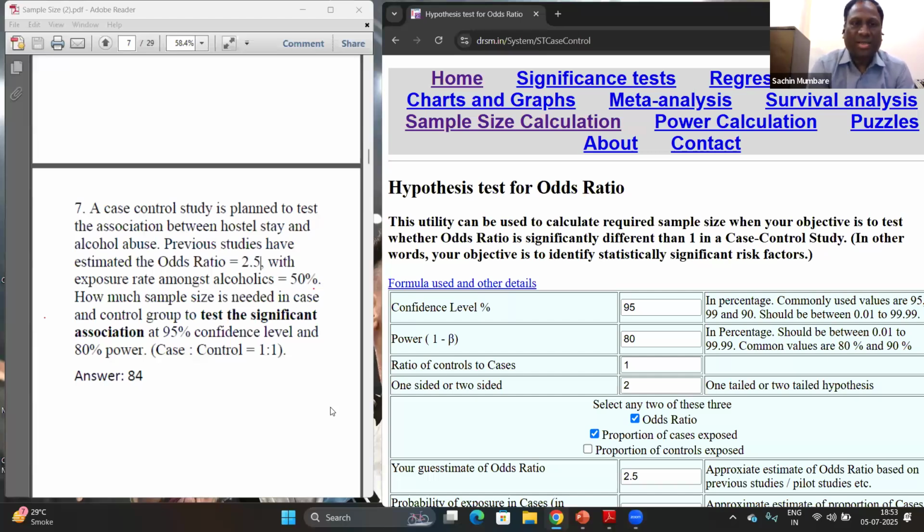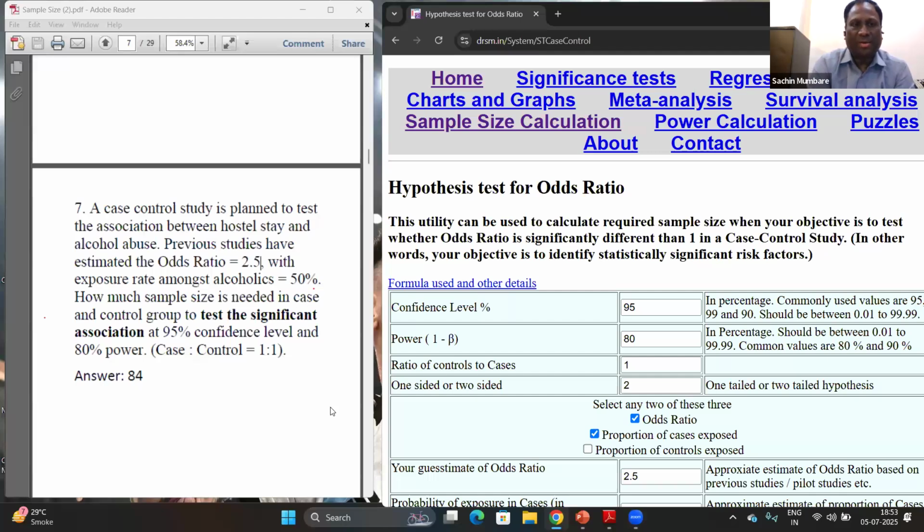Similarly, in cohort study, we can also have two possible objectives. Which are these two? Can anyone tell me? Estimation of relative risk. Yes. One possible objective can be estimation of relative risk within the specified precision.